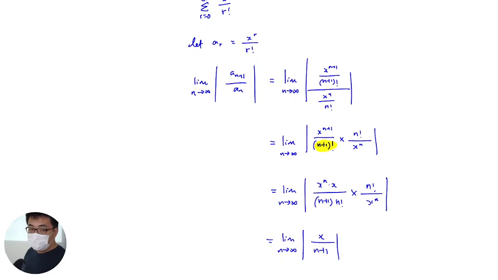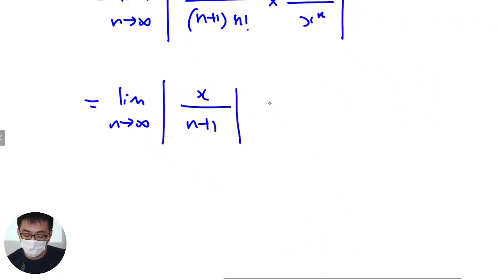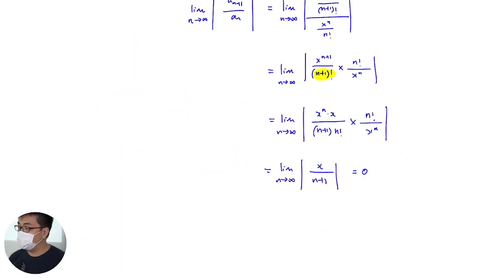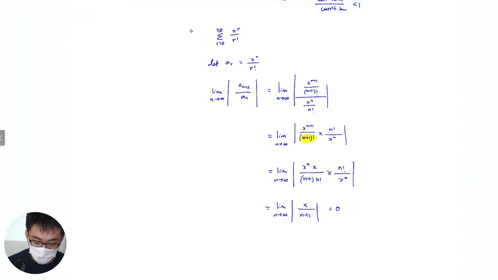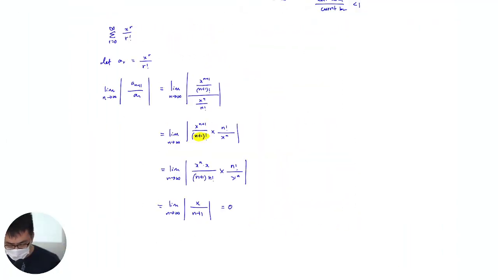So this will give us the ratio of the next term to the current term. And it's not hard to see why: when n goes to infinity, this will go to 0. But the term below it becomes so large. X is not changing. X is just an arbitrary constant. So this is 0. What are we going to do next?